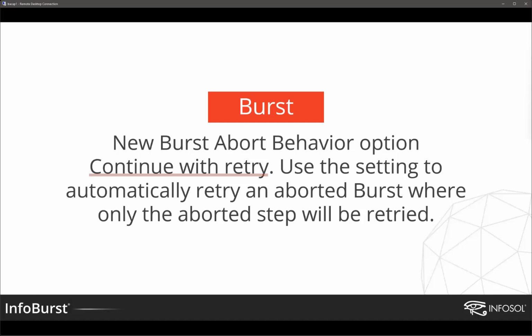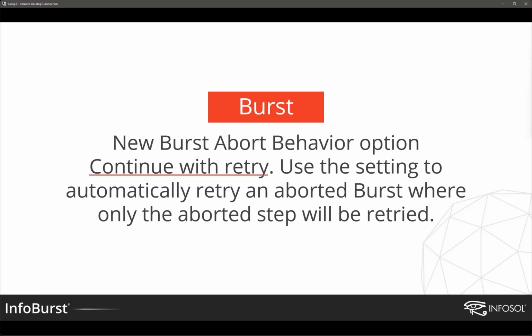But there are options in the abort behavior menu that say, okay, stop processing the current item that has aborted, but go process everything else. Or stop the current item, deliver what's available, and then go process everything else. So there's different options. A new abort behavior option has been added called continue with retry.